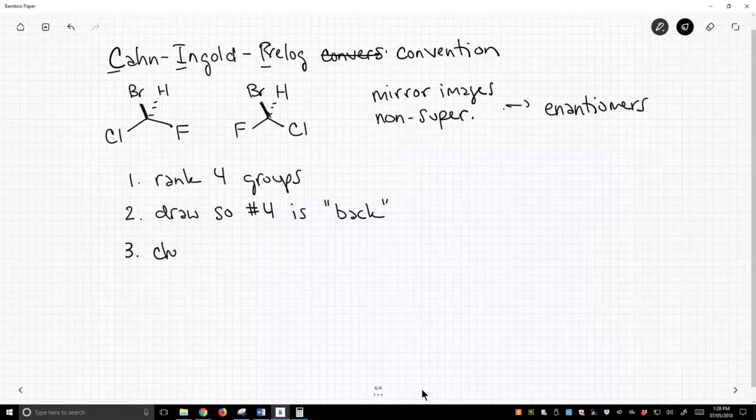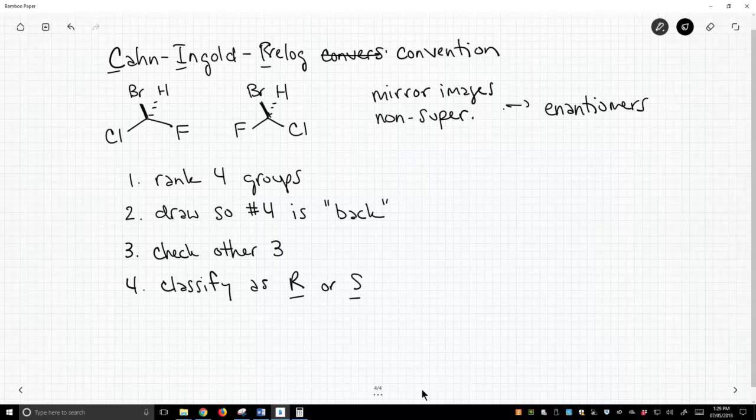Then we're going to check the other 3, which are groups 1, 2, and 3. And then we're going to classify this stereocenter as either R or S. Great, okay, that's the plan.